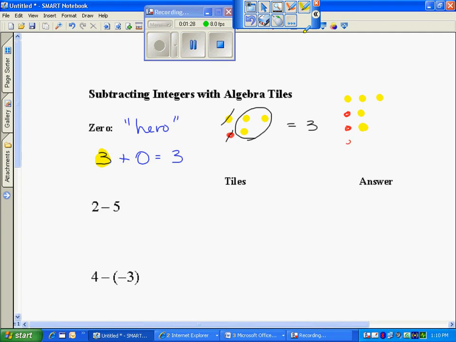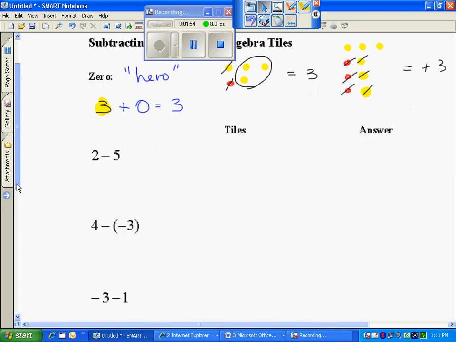And if I continue the process, this pile is still equivalent to a positive 3. And that comes from my inverse property of addition. I can go ahead and just take those out because they're just equivalent to 0, and 0 does not change my result. So let's go ahead and take a look at a problem here.